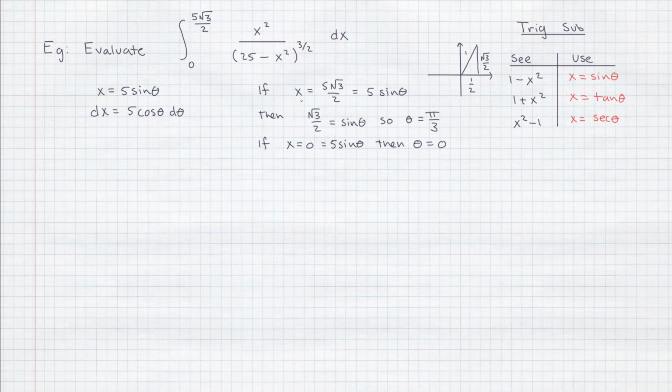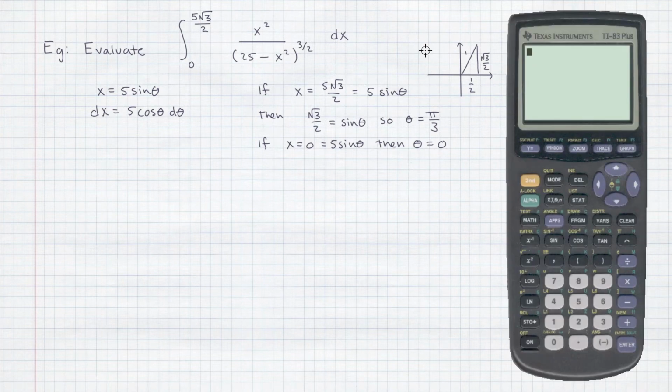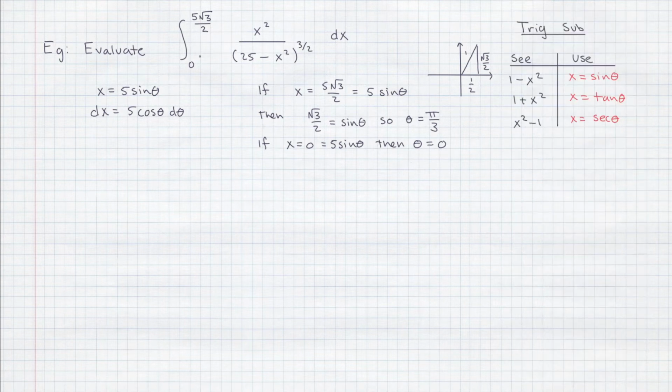And that's giving me that the sine of theta is equal to the square root of 3 over 2. I got pi over 3 from my little unit circle picture there, but if you want, you can also do a sine inverse on both sides of the square root of 3 over 2. You're going to get 60 degrees, so pi over 3. And likewise, the sine of what angle gives you 0 is 0.